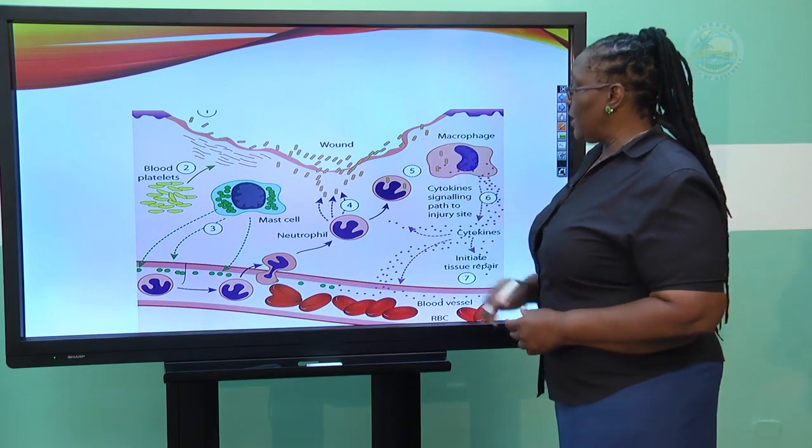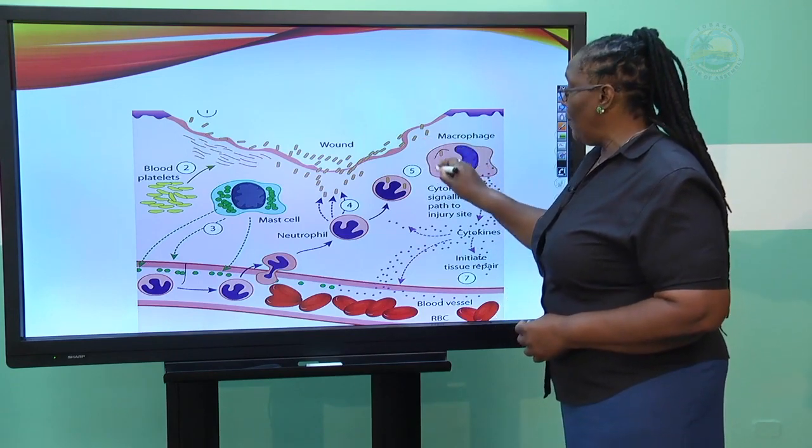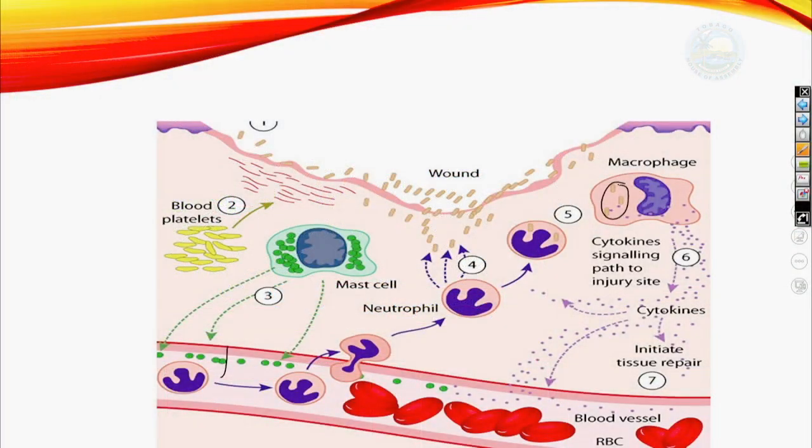They will engulf some of the pathogen, as we can see here, and they will also release certain chemicals called cytokines, and what these will cause is that more red blood cells would gravitate to the area. So when you see that increased redness in the area, it's because of an increased amount of red blood cells in the area.